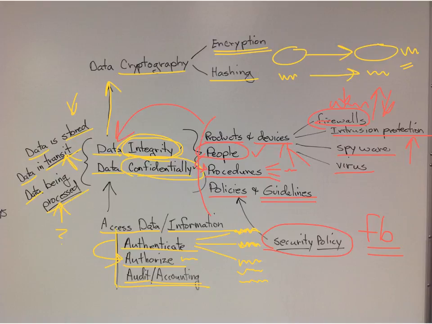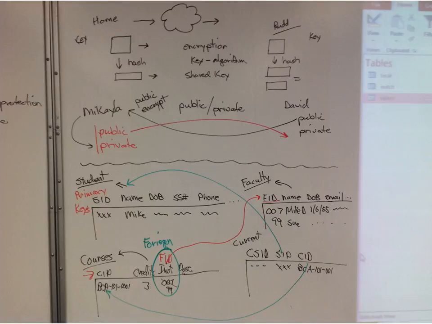Good review sheet. Alright, more information. So here we did an example. First of all, this green box is our data. And we want to send the data from home to Rudd. So Michaela is going to send the information to David.